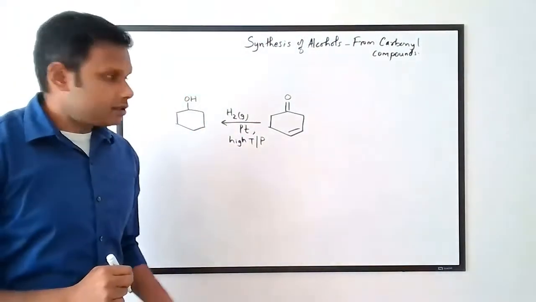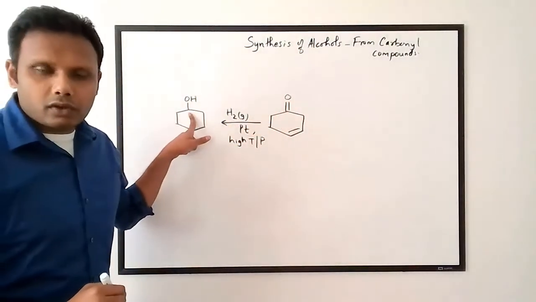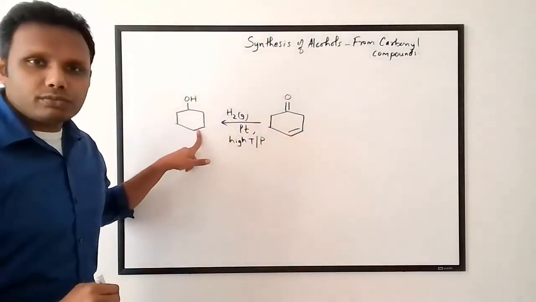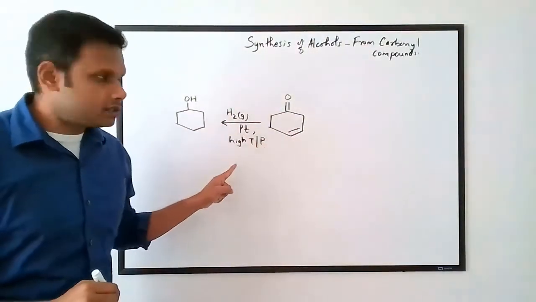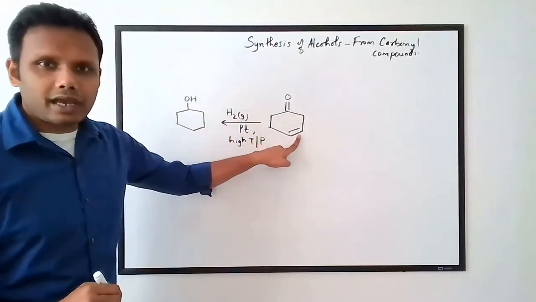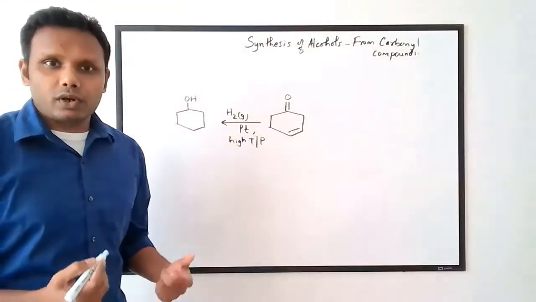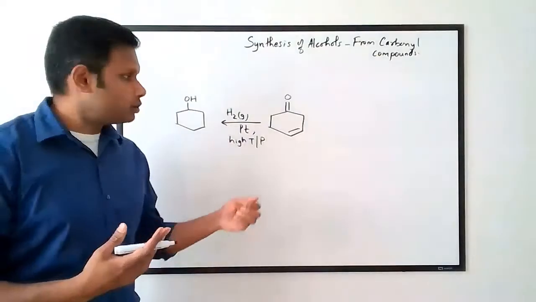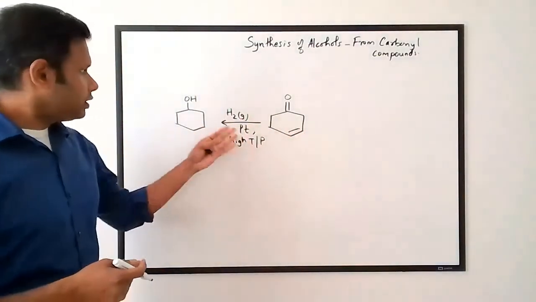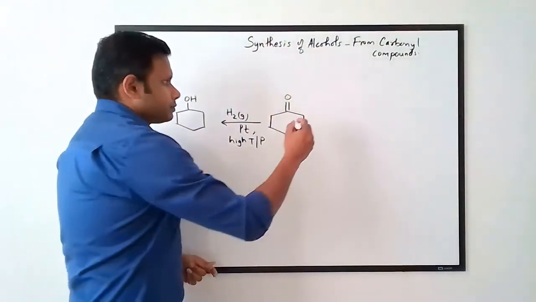The carbonyl group would be reduced to the alcohol, but the alkene is also going to be reduced under these conditions because these are the exact conditions that we use for converting an alkene into an alkane. So both of those reactions would occur simultaneously. You won't be able to prevent this alkene from reducing under these conditions. So your product is going to be the alcohol, but the alkene is also gone.